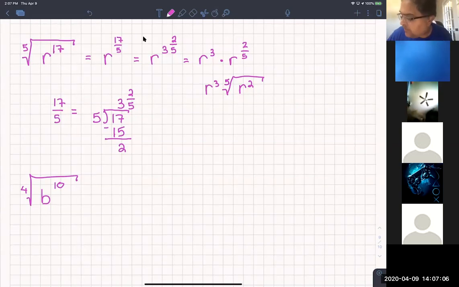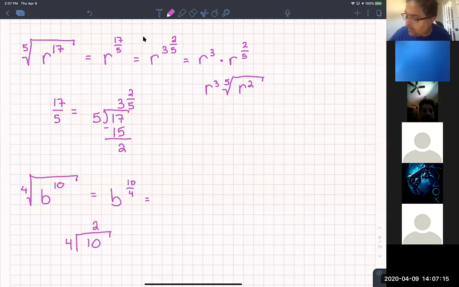Okay, so step one, we rewrite this as 10 to the 4. And remember, how do we convert?